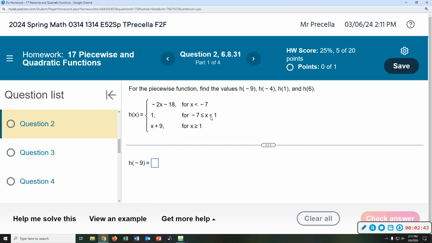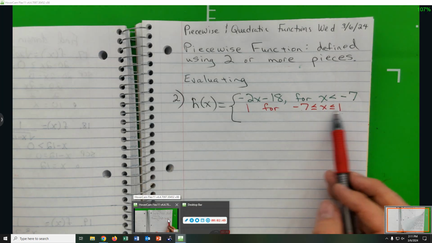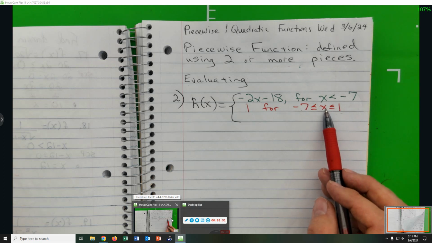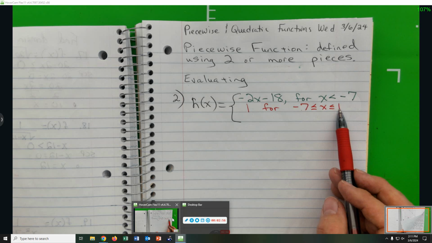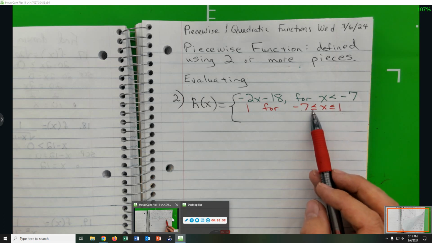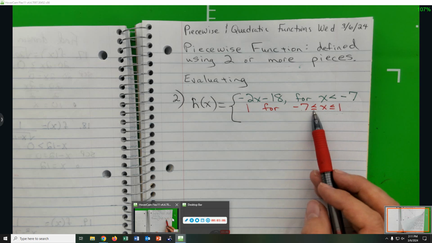This statement here in red, that inequality, is a compound inequality, and it's saying that the x values you're using are between negative 7 and positive 1. It's okay for x to equal negative 7, and it's also okay for x to equal positive 1. Notice there's that little equality bar on both of those.